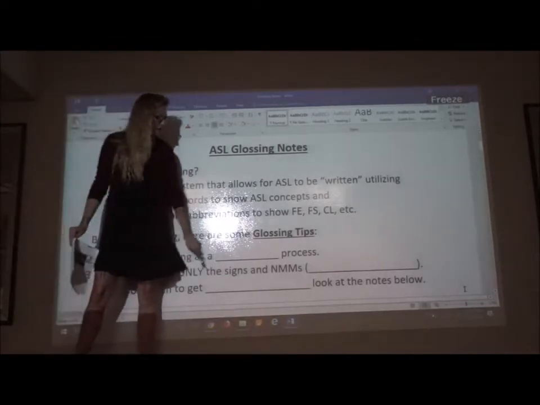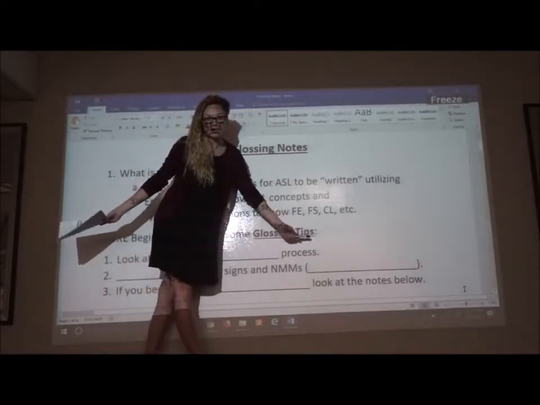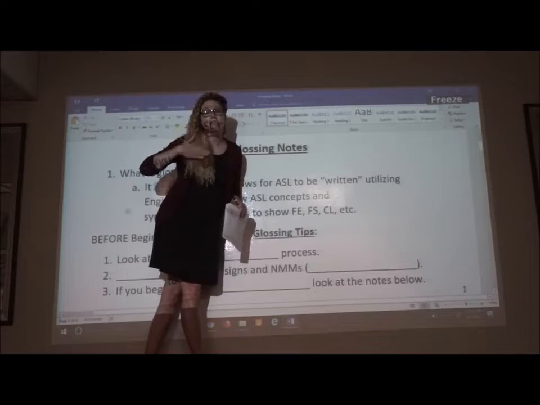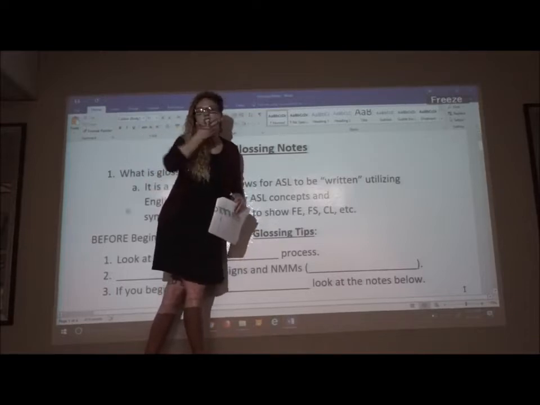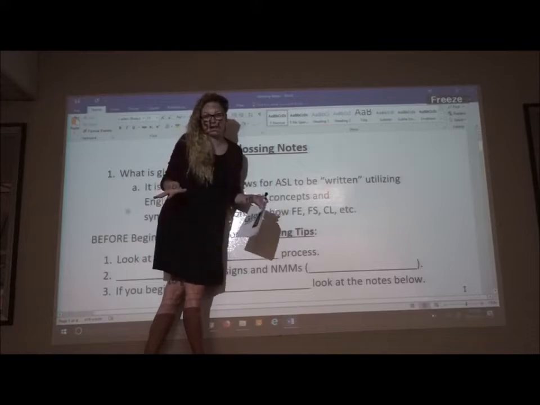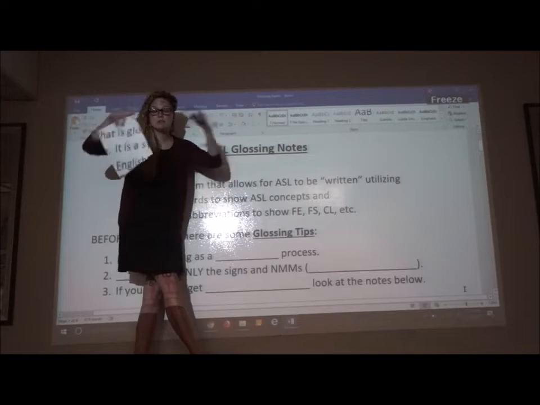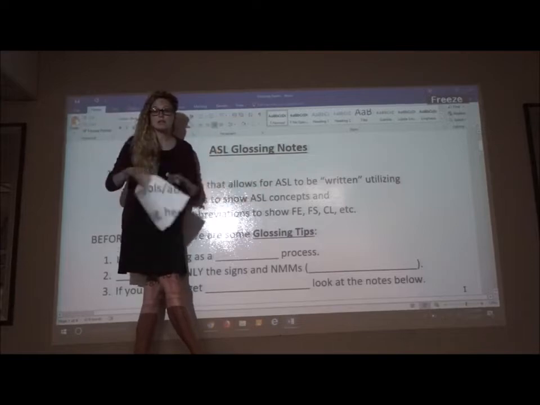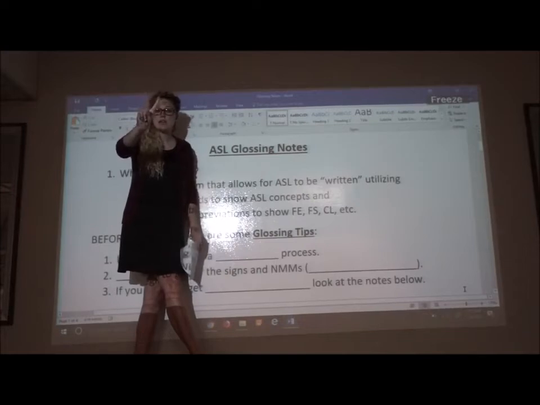Label only the signs and the non-manual markers. And what are non-manual markers? Facial expressions, body language, shoulder shifting, eyebrows, mouth, cheeks. All of that stuff is non-manual markers. So what are we labeling? Two things. We're labeling every sign, and we're labeling all of the non-manual markers.